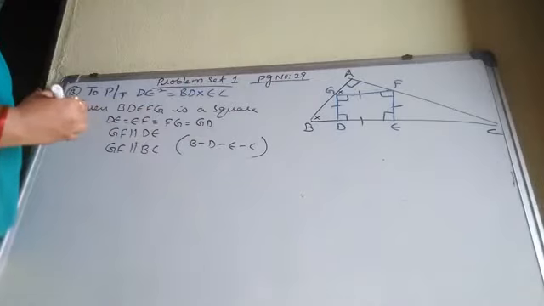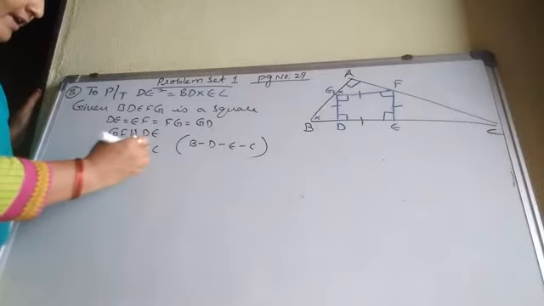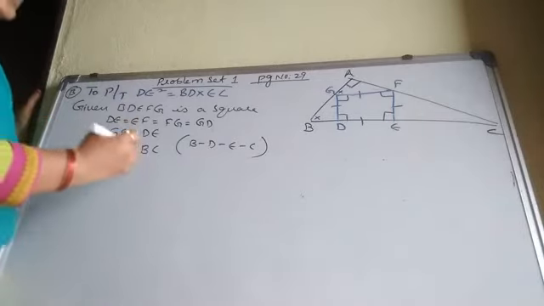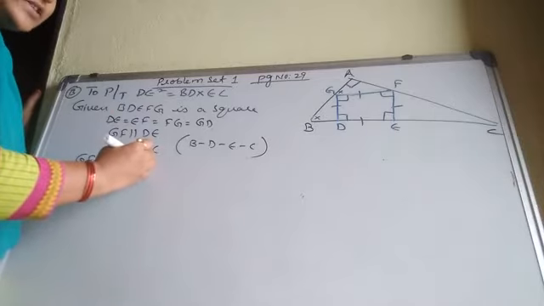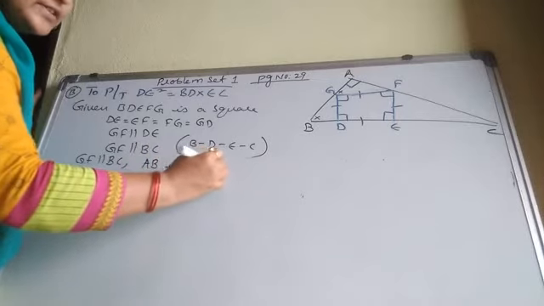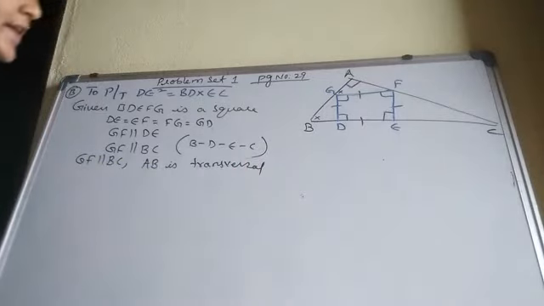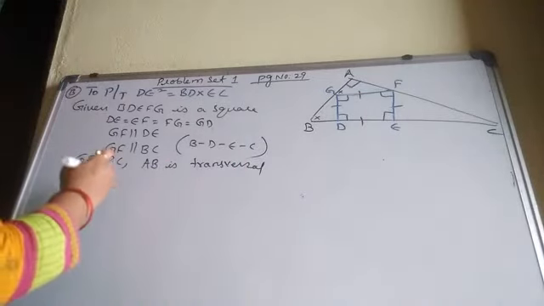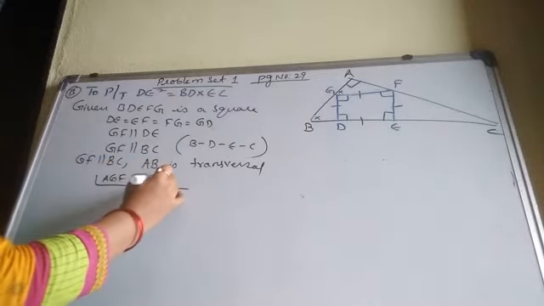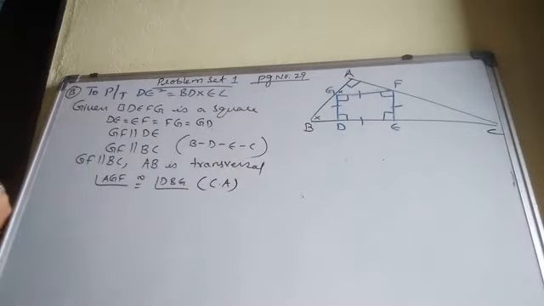These are which type of angles? Corresponding angles. Here I will write, GF is parallel to BC and the transversal is AB. Corresponding angles: angle AGF is congruent to angle DBG. Reason: corresponding angles.